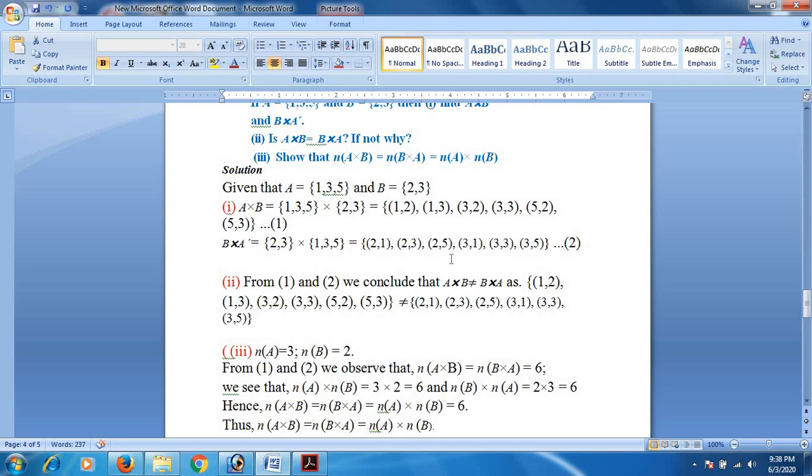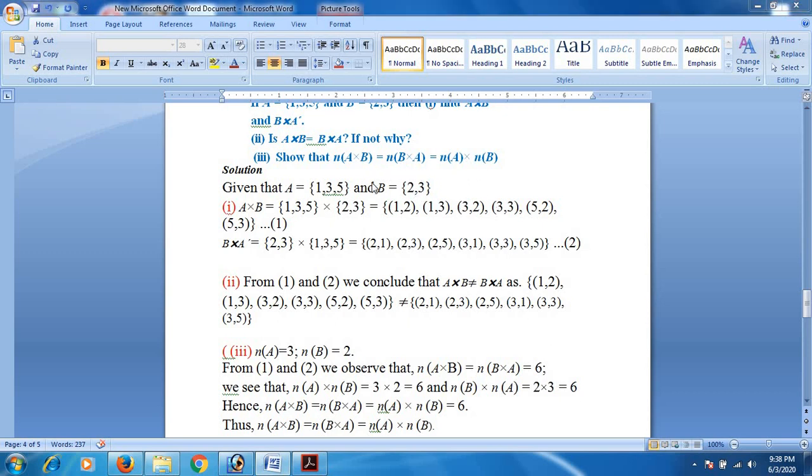Let us see this. We have already found out A cross B has 1, 2, 3, 4, 5, 6 elements. So A cross B has 6 elements. The same way B cross A has 1, 2, 3, 4, 5, 6 elements. So we can write n of A cross B equal to 6. The same way n of B cross A equal to also 6.